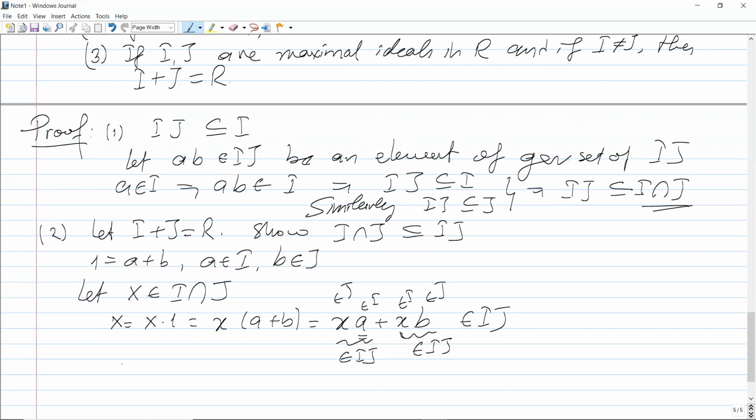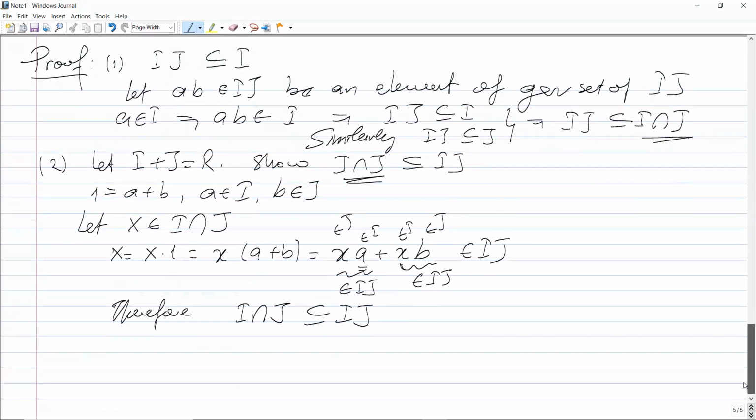Therefore, I intersection J is inside I times J. So this is the other part, so this is proved.